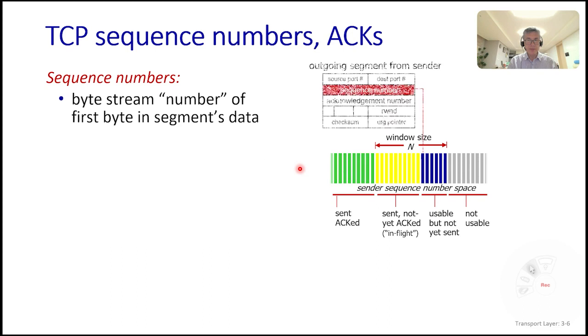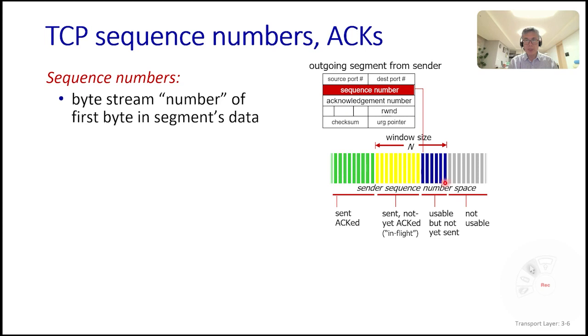So this is the sliding window. It is similar to the go-back-N and selective repeat window concepts. The green one is already acknowledged, and the yellow one means sent but not yet acknowledged, in-flight segments.